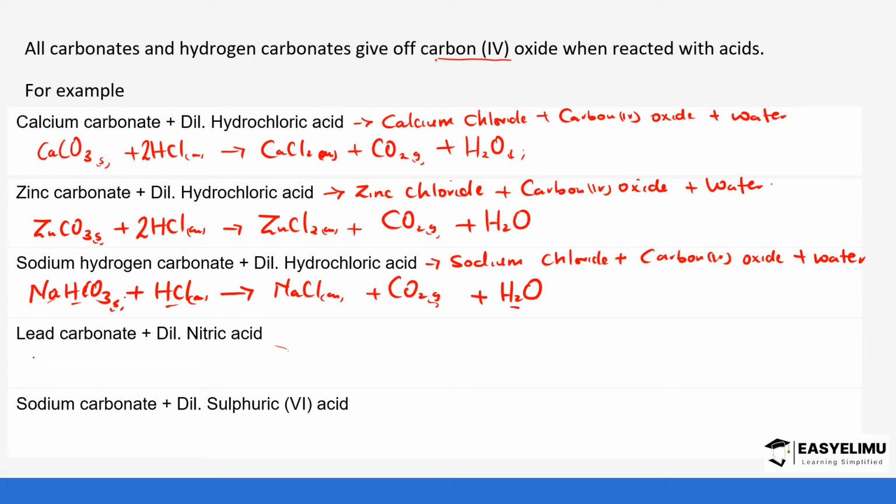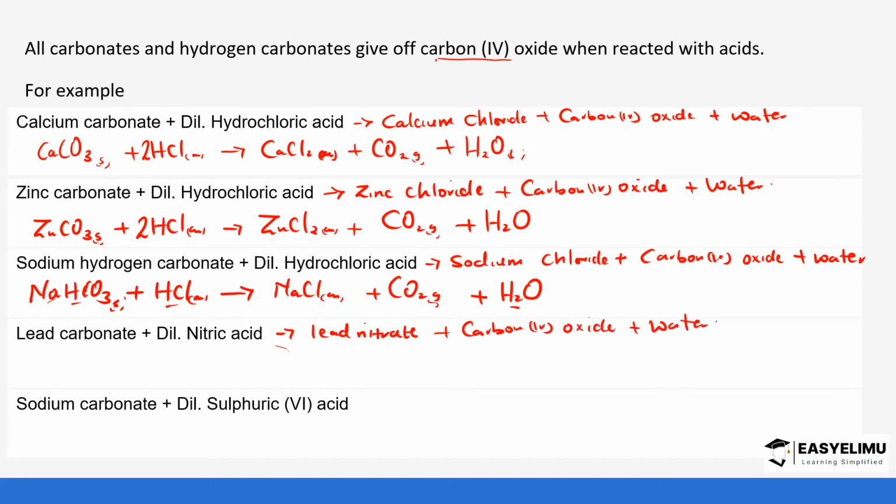Then lead carbonate reacts with nitric acid to form lead nitrate plus carbon dioxide plus water.